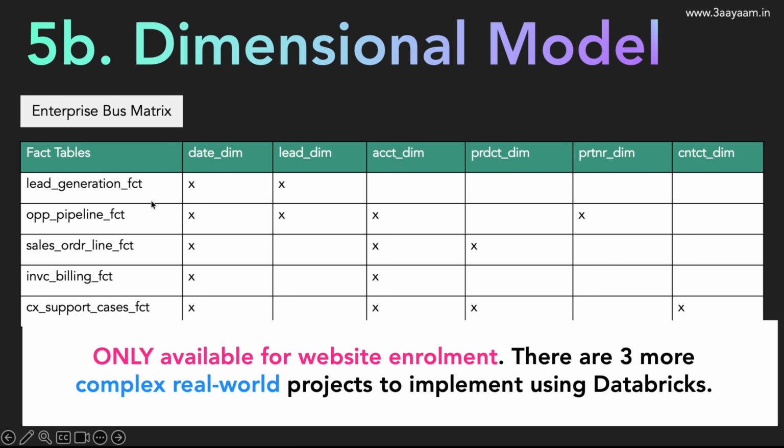Now in this case, lead generation fact is related to date dimension and lead dimension only. Opportunity pipeline fact is related to date dimension, lead, account and partner dimension. Sales order line fact table is related to date, account and product dimension. So wherever you see a cross, that means that particular dimension table and the corresponding fact table have a relationship among them. And you'll have to find out what that relationship is.